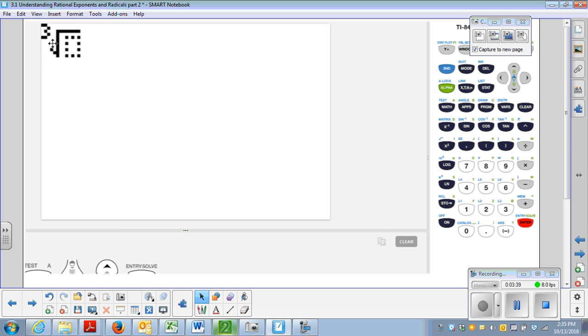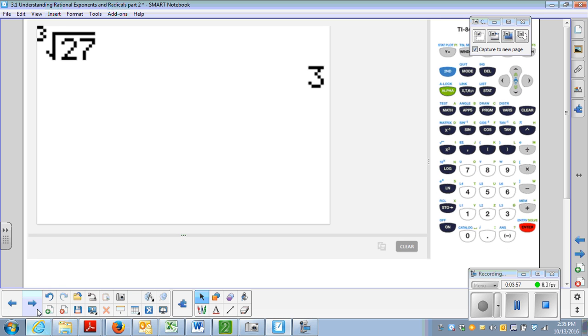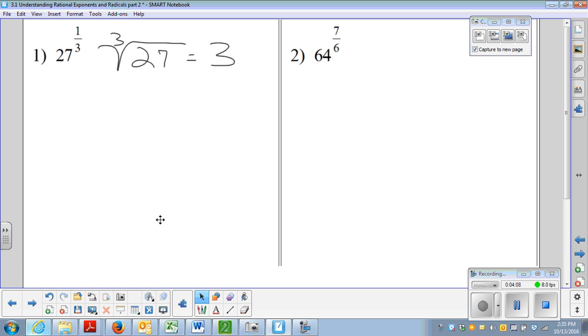Some calculators may have the 3 to the side. And since we're taking the cube root of 27, we'll type in 27. And then just hit enter. And in this example, the answer is 3. Okay. So what we end up with is the cube root of 27 is 3.